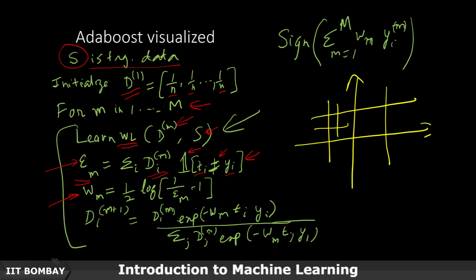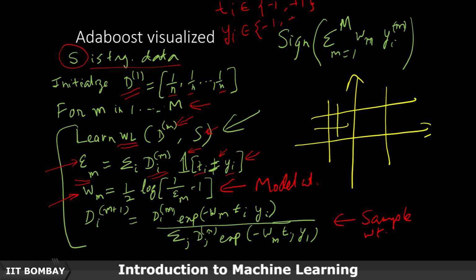So assuming your Ti belongs to -1 and +1, and Yi also belongs to -1 and +1, we set up the weights almost like a softmax.